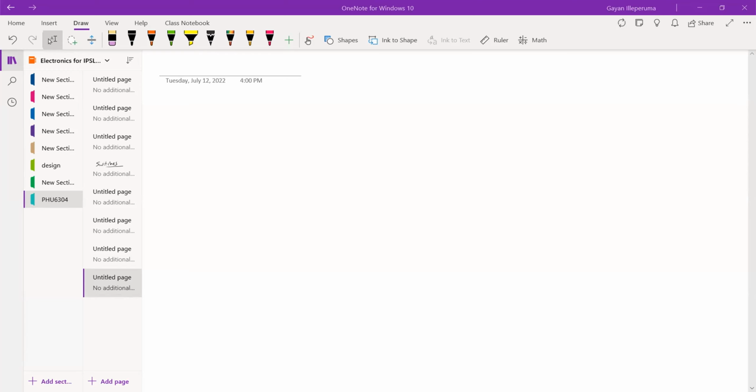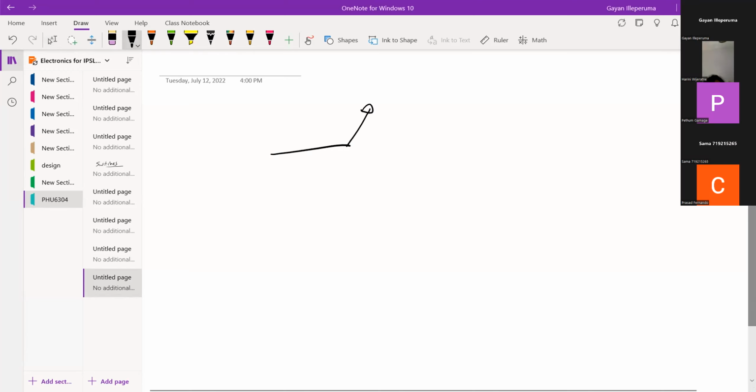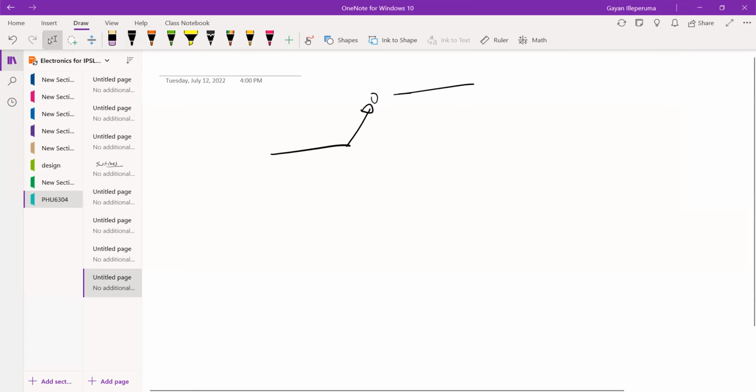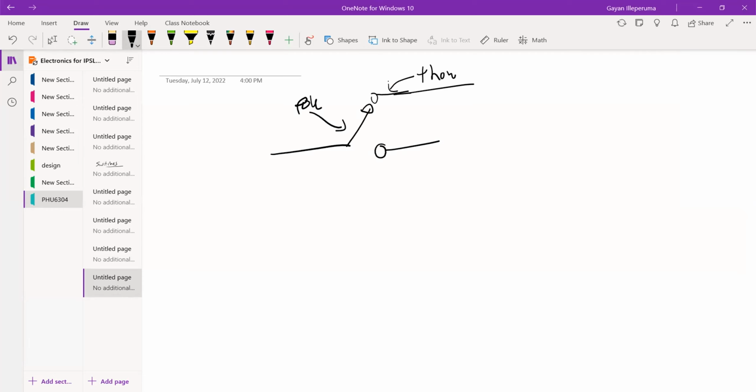There's something called a pole. The pole is the one that goes up and down. This is the pole. And it connects to what are known as throws. So this is a single pole double throw switch. We write it as single pole double throw.